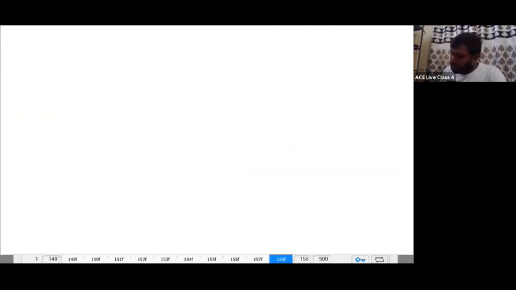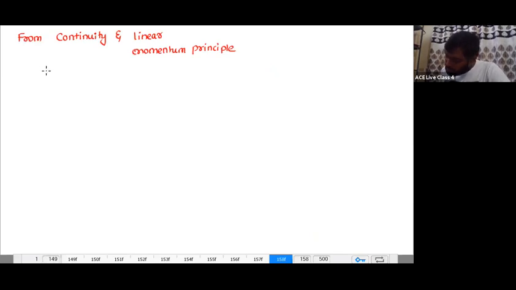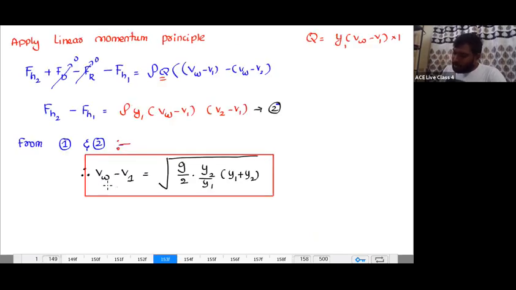Now similarly, from continuity and linear momentum principle, observe why I got VW minus V1 here.